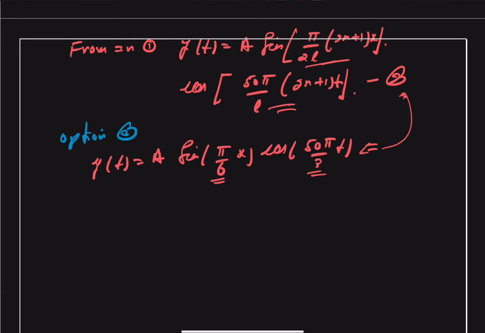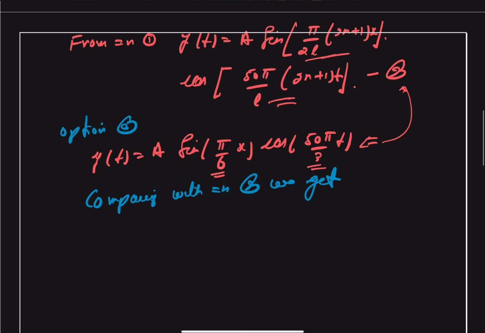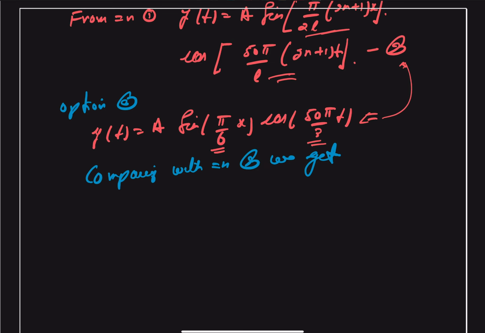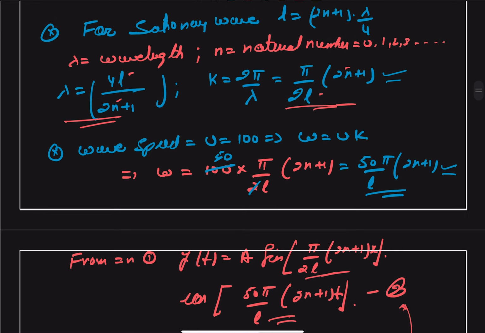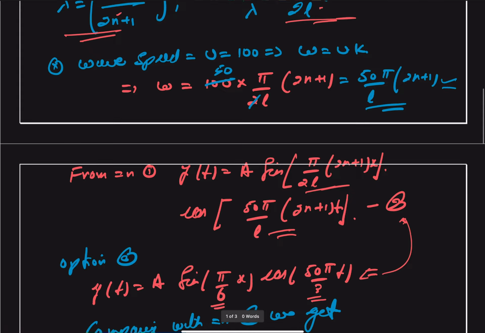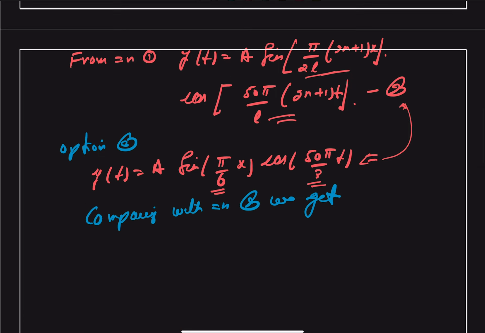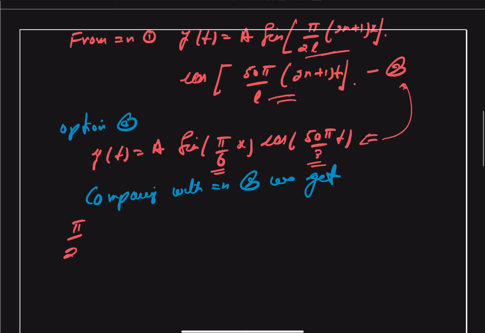Comparing with equation 2, in the first part, we can say that pi by 2L multiplied by (2n plus 1) is equal to pi by 6. Okay.